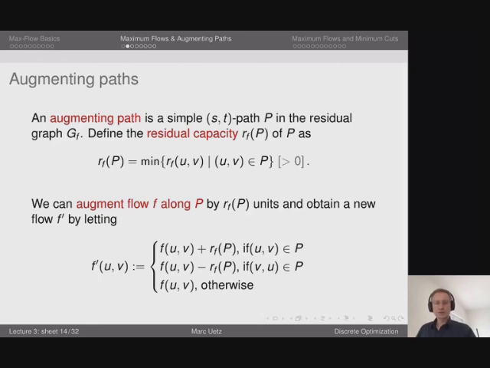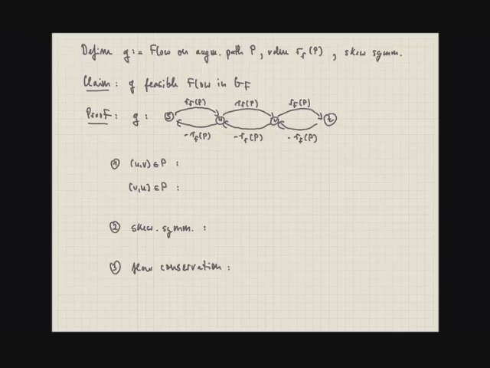Now, in order to show that the augmented flow F prime is still a feasible flow, we only have to show, using the previous lemma, that the path flow along the path P is actually a feasible flow in the residual graph. In some sense, that just directly follows from the definition, but it doesn't hurt to quickly recap why this is true.